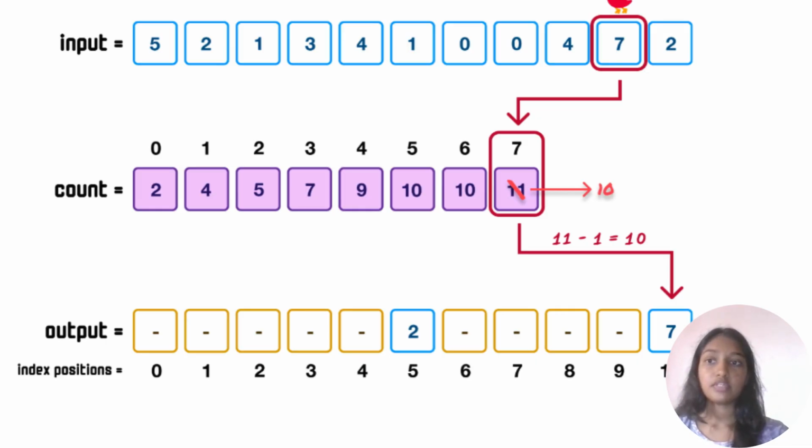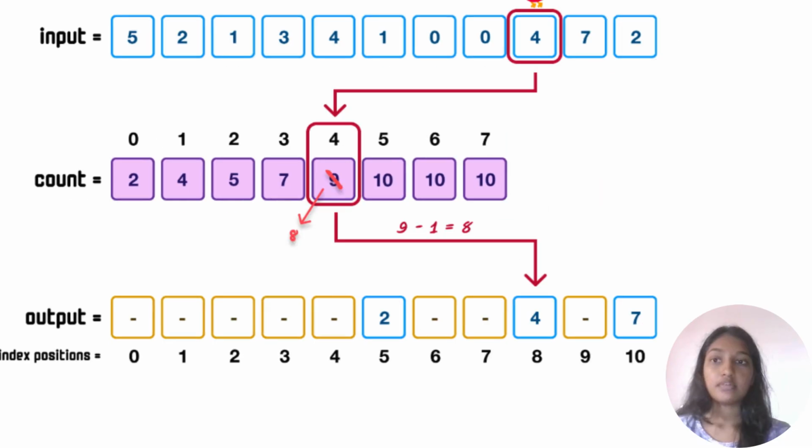So we go down our input array. Our next value is 4. This 4 value maps to position 9 in our count array, and this means that 4 goes into index position 8, that is 9 minus 1, in our output array. And as our last sub step we decrement the value of 9 to 8 in our count array.